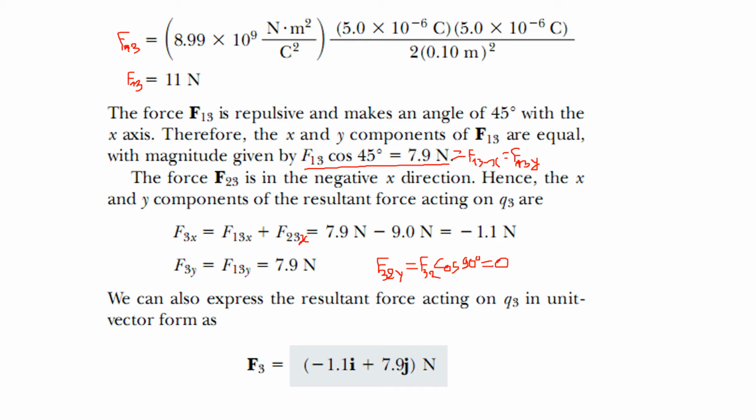And then this force on charge 3 is equal to its x component times the unit vector i plus its y component times the unit vector j. This is in vector form. And then you may determine its magnitude.